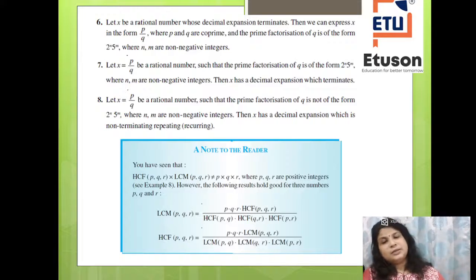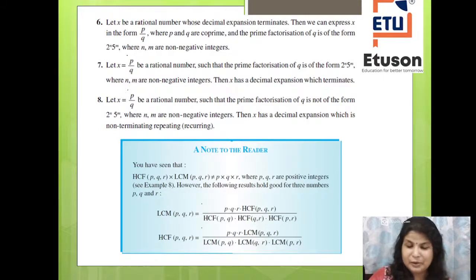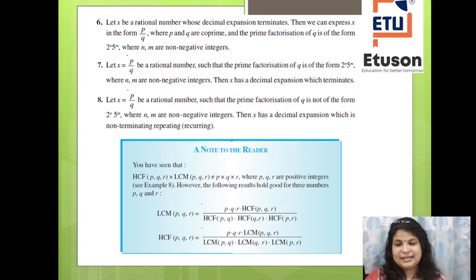There is a change in the formula, so please go through it. This is a new one. Correct. So with this we come to the end of chapter 1, Real Numbers, of your NCERT book.